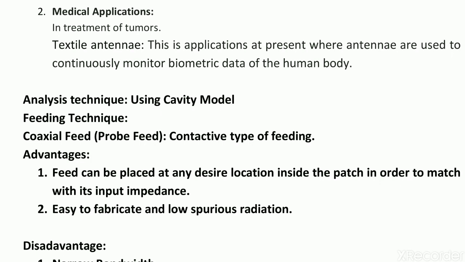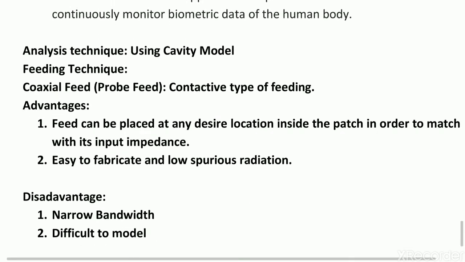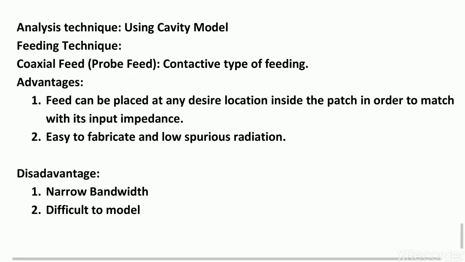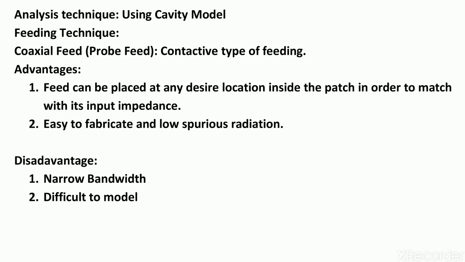There are also some disadvantages of this technique, that is it has narrower bandwidth and it is difficult to model. The main reason is that it provides narrower bandwidth, and it is difficult to model since a hole has to be drilled in the substrate and the connector protrudes outside the ground plane.